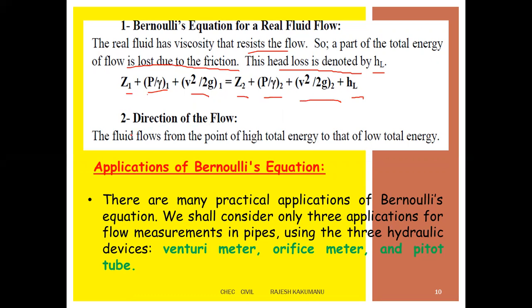The direction of the flow: the fluid flows from a point of high total energy to that of low total energy, right? As we know, the direction of the flow is generally from high to low. So the fluid flows from the high total energy to the low total energy.